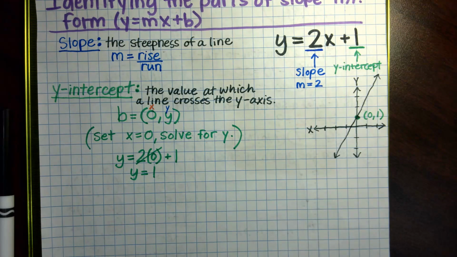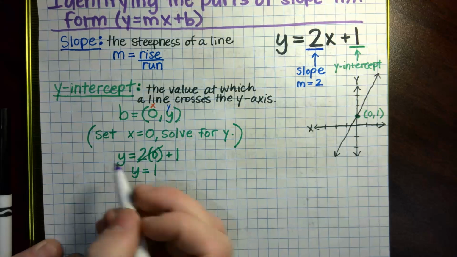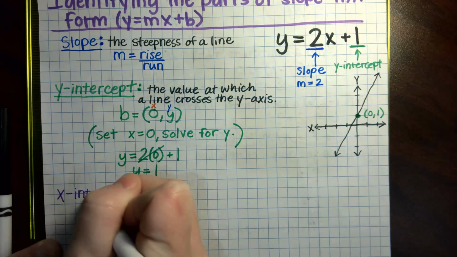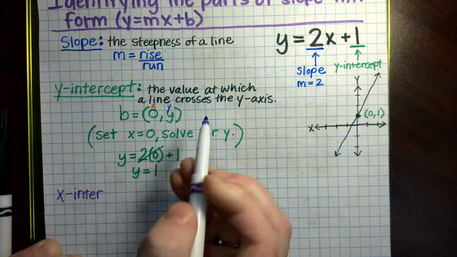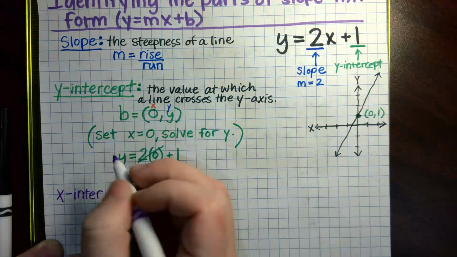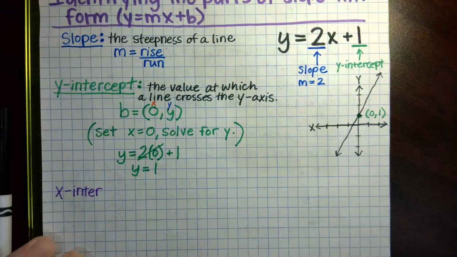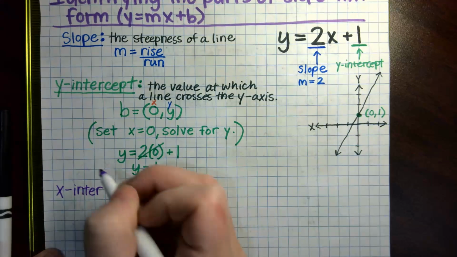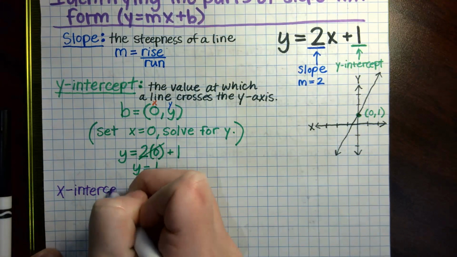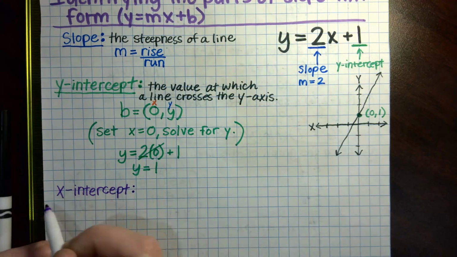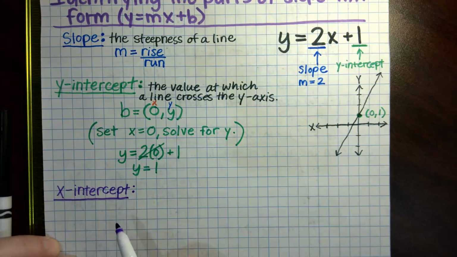And I'm going to do that in purple. Okay, so x-intercept is next. If the y-intercept tells us where a line crosses the y-axis, what do you think the x-intercept is going to tell us? Exactly. It's going to tell us where the line crosses the x-axis.